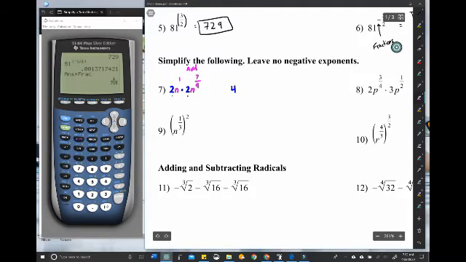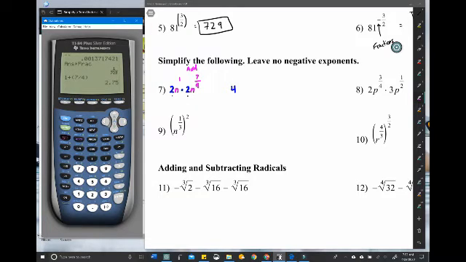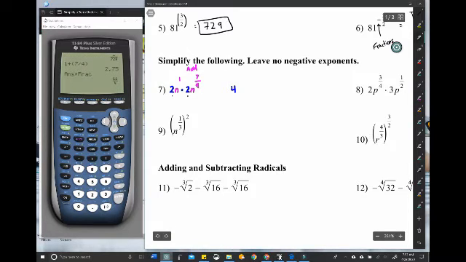So add the exponents if they're on the same base. So 1 plus 7 over 4 is 2.75. Write it as a fraction, so 11/4. So 4n to the 11/4. That's how you'd represent that one.